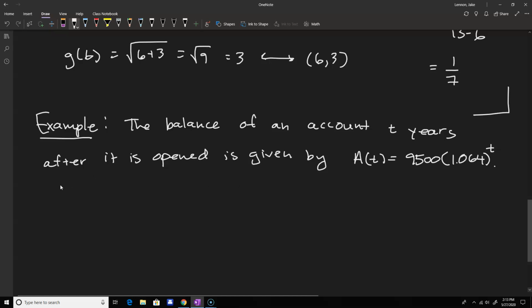So what we want to do is let's find the average rate of change, ARC, for 2.5 less than or equal to t less than or equal to 4.5, and interpret the result.